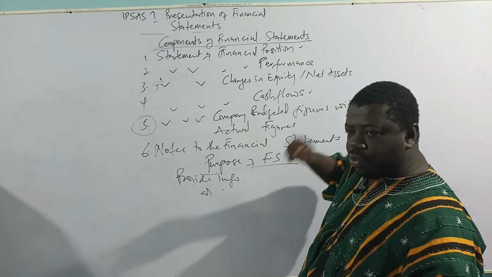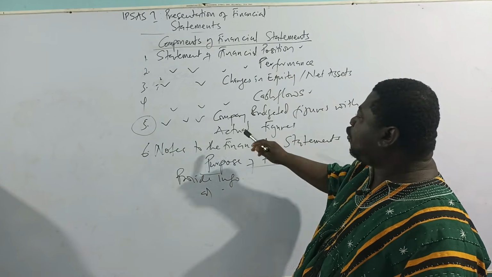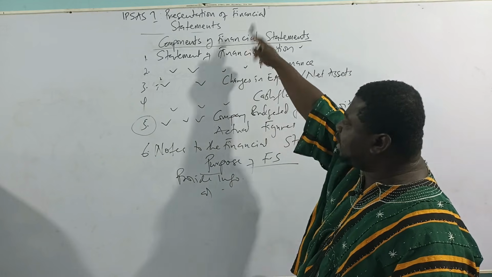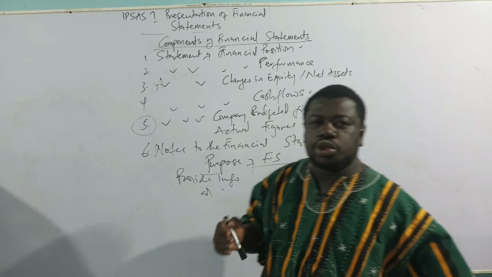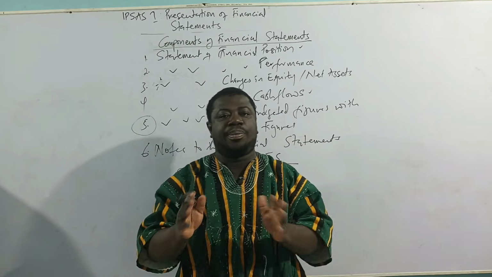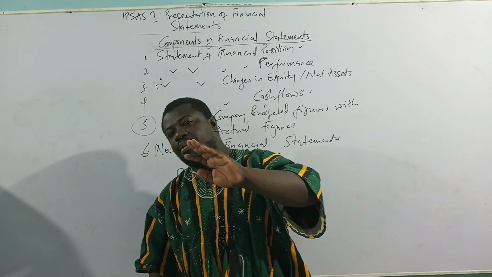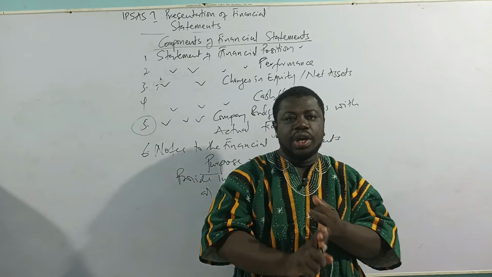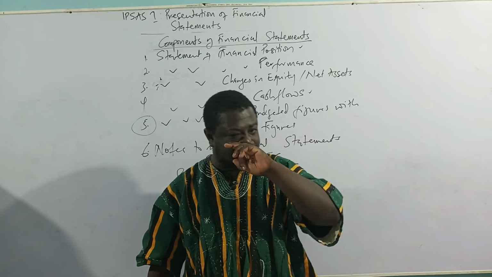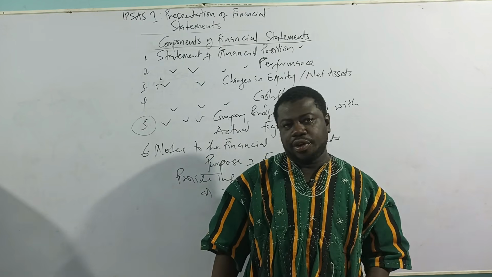And then also cash flow position. For the budgeted statement, it is still reflecting these, and the notes are also explaining the statements. So the purpose of general purpose financial statements, according to IPSAS, is to reveal information about: one, the financial position of the organization; two, the financial performance of the organization; and three, the cash flow position of the organization.